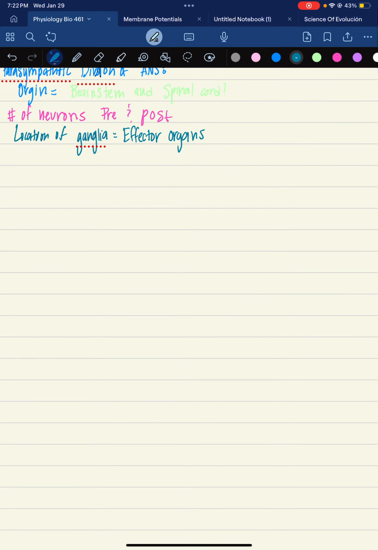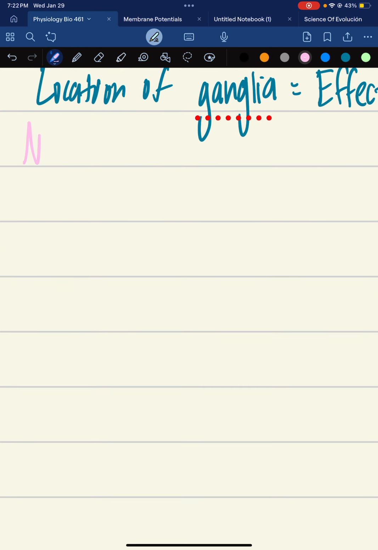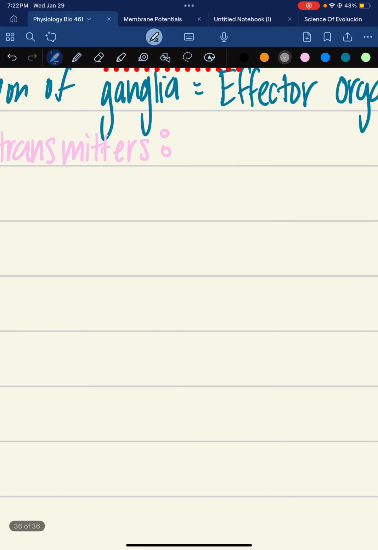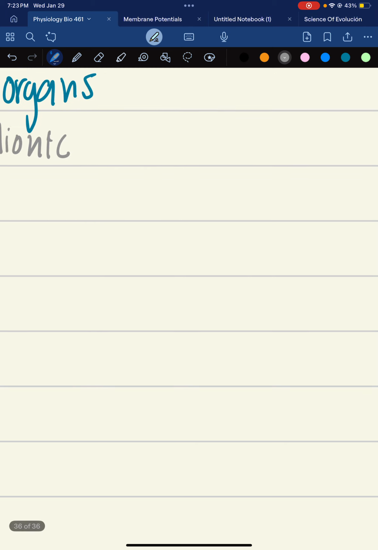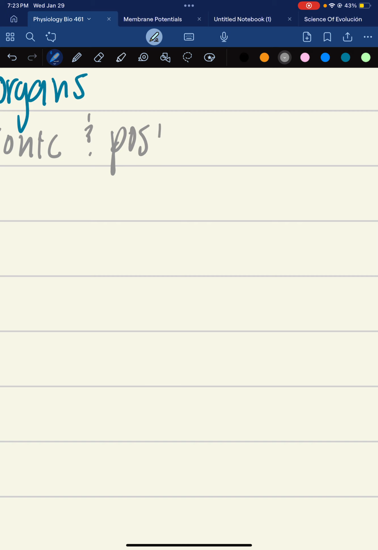And then we have neurotransmitters. We have both preganglionic and post. They both release acetylcholine.